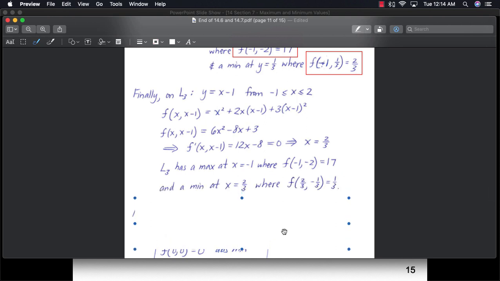And it has a minimum. At this point, plug in 2/3, we get 1/3. Our final step to doing this problem is now we have to compare all these different values.